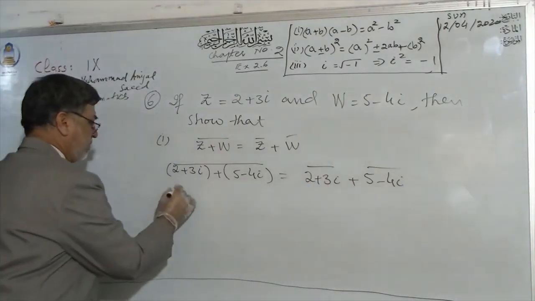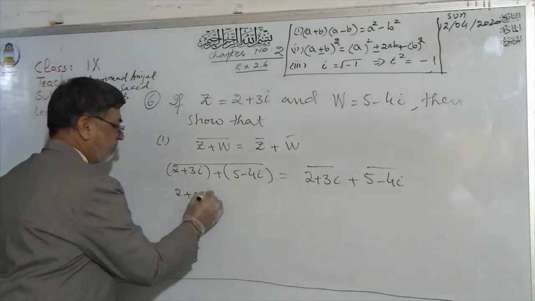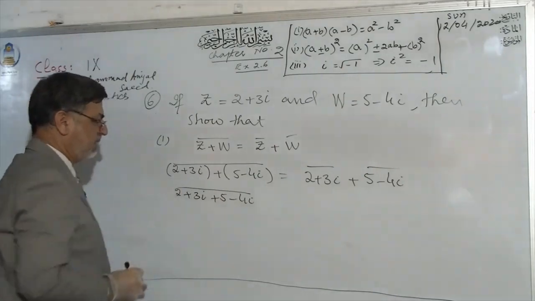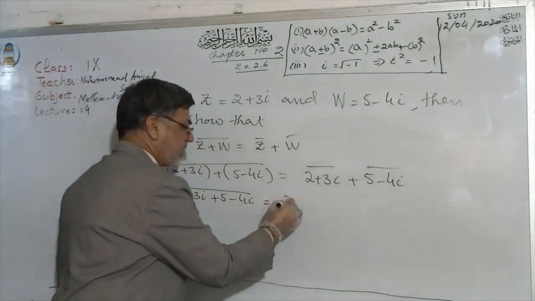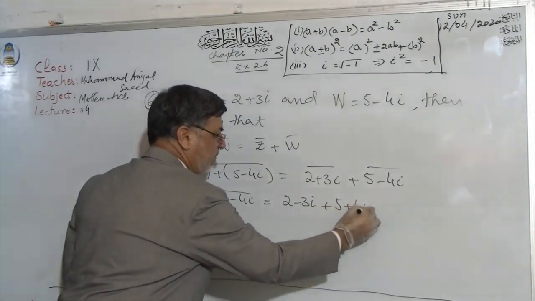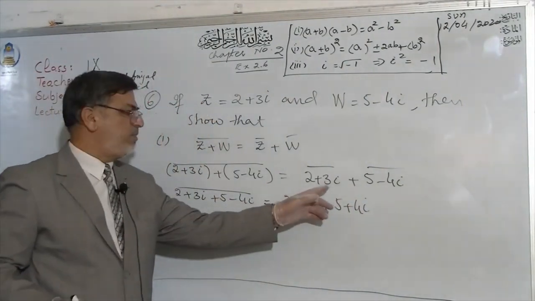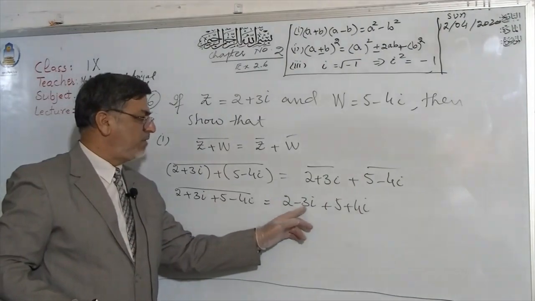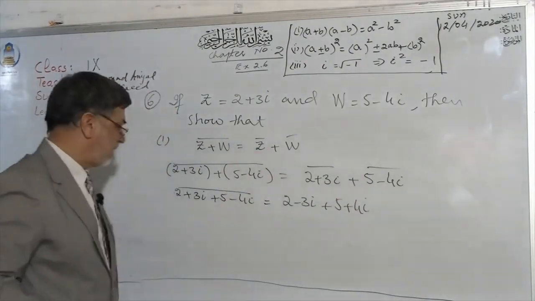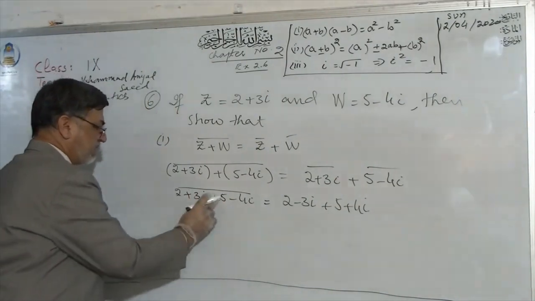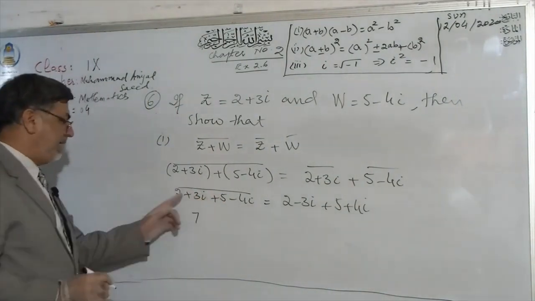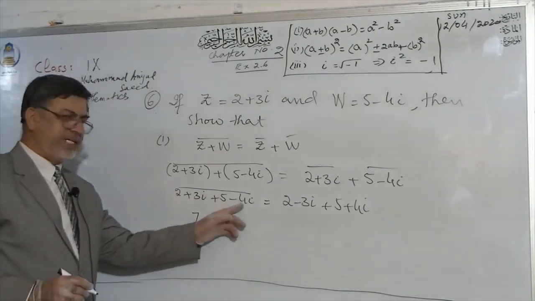Here is (2 plus 3 iota plus 5 minus 4 iota) whole bar. This is 2 minus 3 iota plus 5 plus 4 iota. You have changed the sign before 3 iota to minus, and changed the sign before minus 4 iota, that is plus 4 iota. Here 2 plus 5 is 7, real plus real, and imaginary plus imaginary.